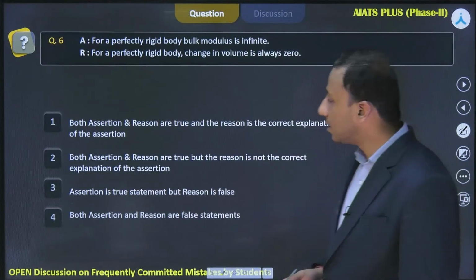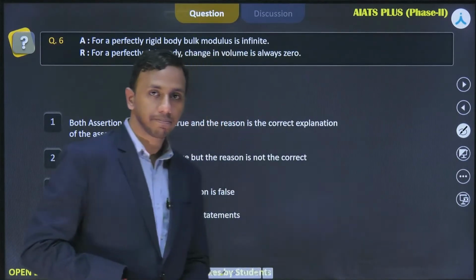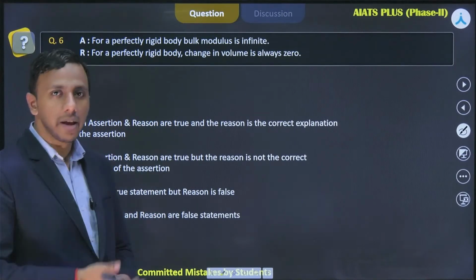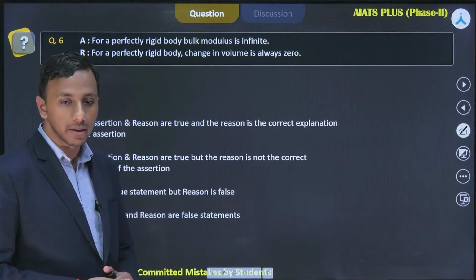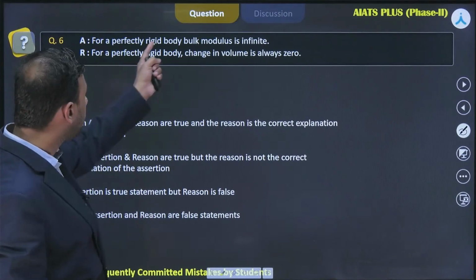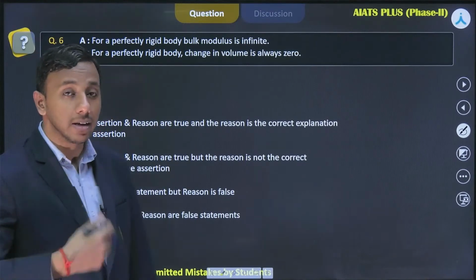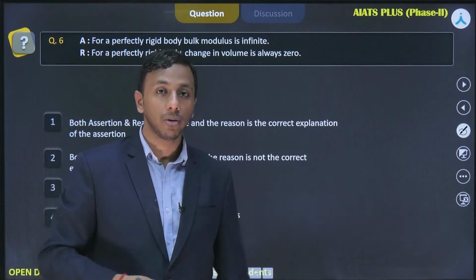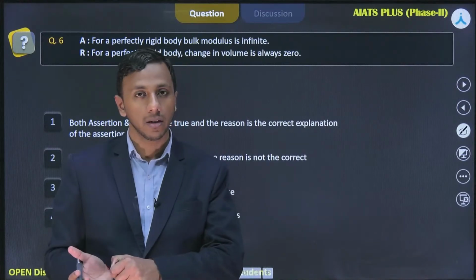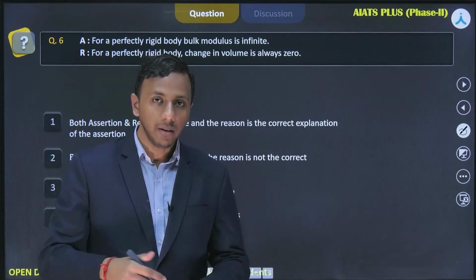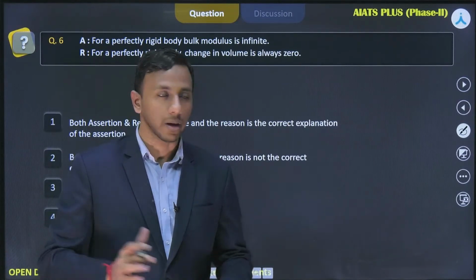Very well. See this question. This also we have done pretty much almost the same question, right? For a perfectly rigid body, bulk modulus is infinite, right? That day we had talked about incompressibility and compressibility, right? We had said that if bulk modulus is high, that means incompressibility is also high, right?